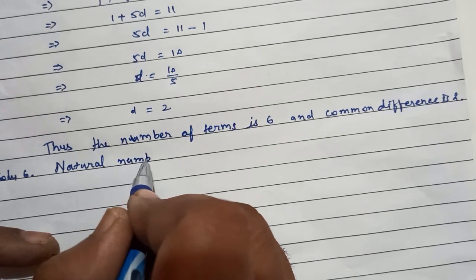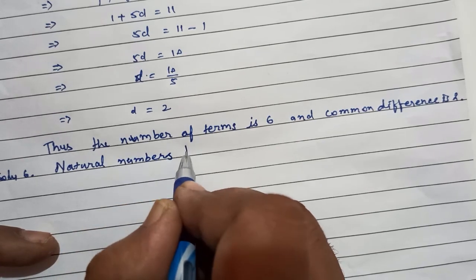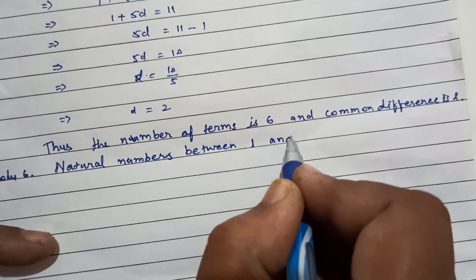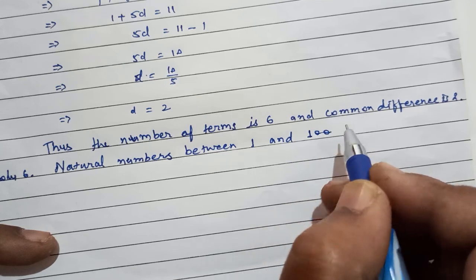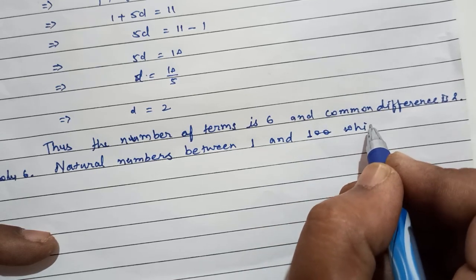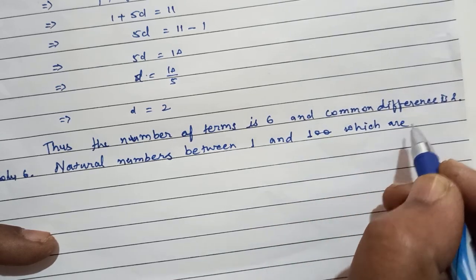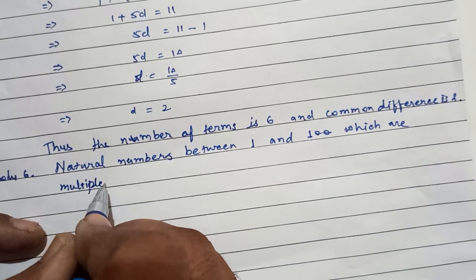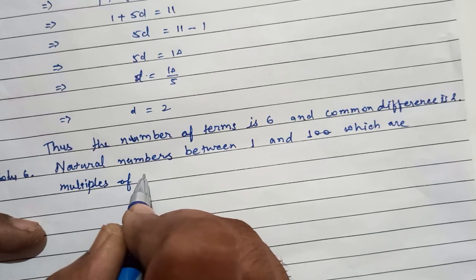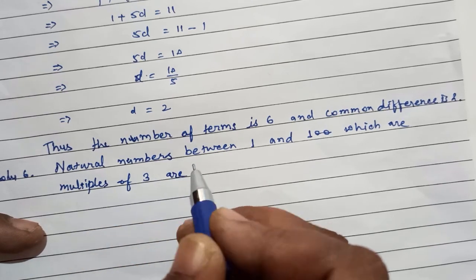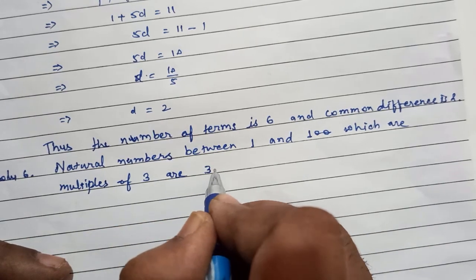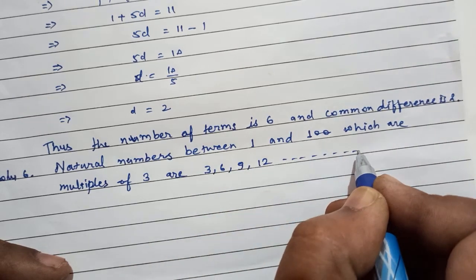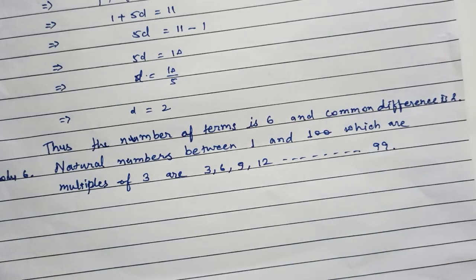Natural numbers between 1 and 100 which are multiples of 3 are 3, 6, 9, 12, up to 99.